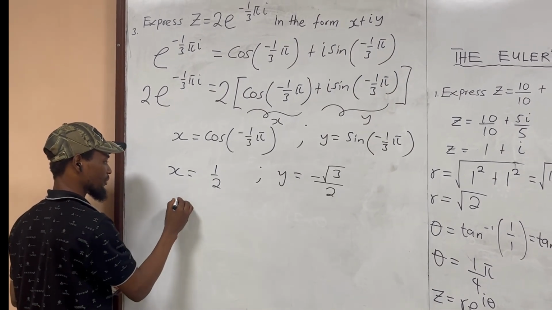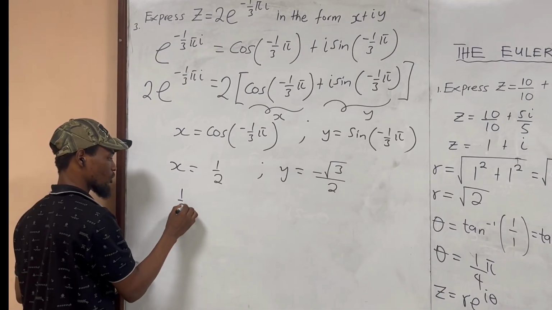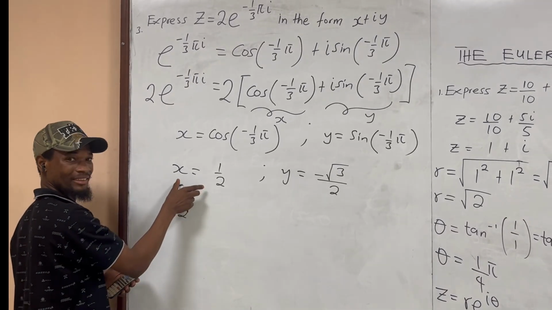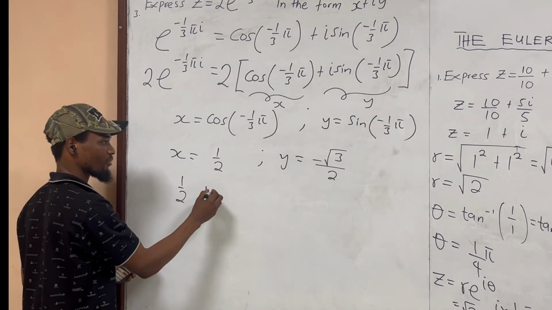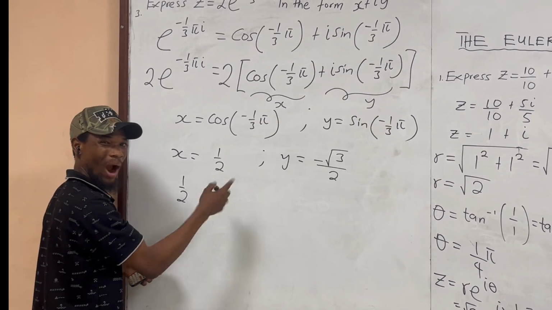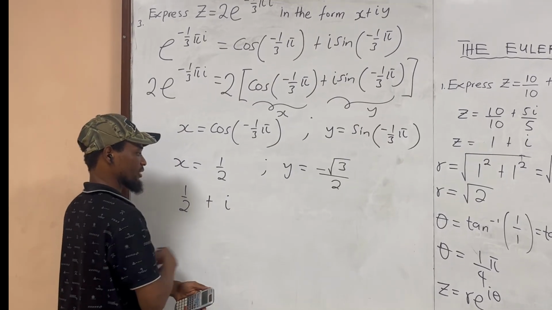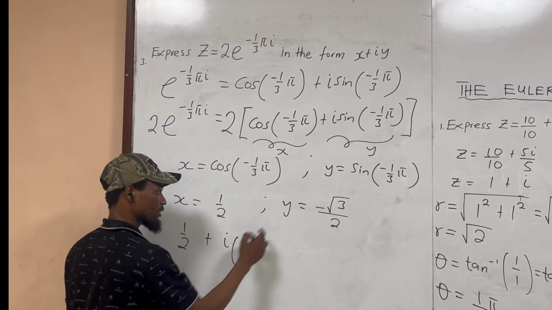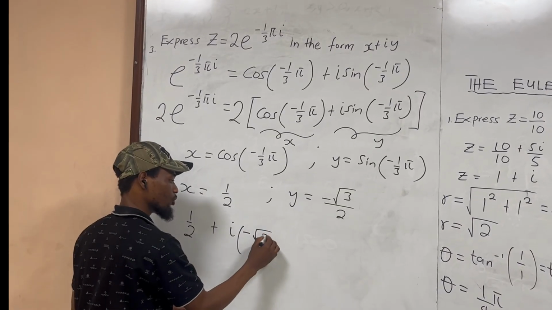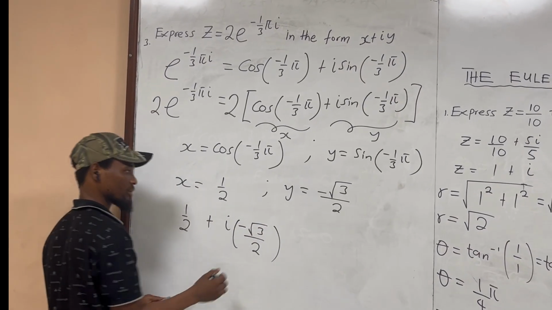So in the form x plus iy, we have 1 on 2, which is x, plus i times y, and y is negative root 3 on 2.